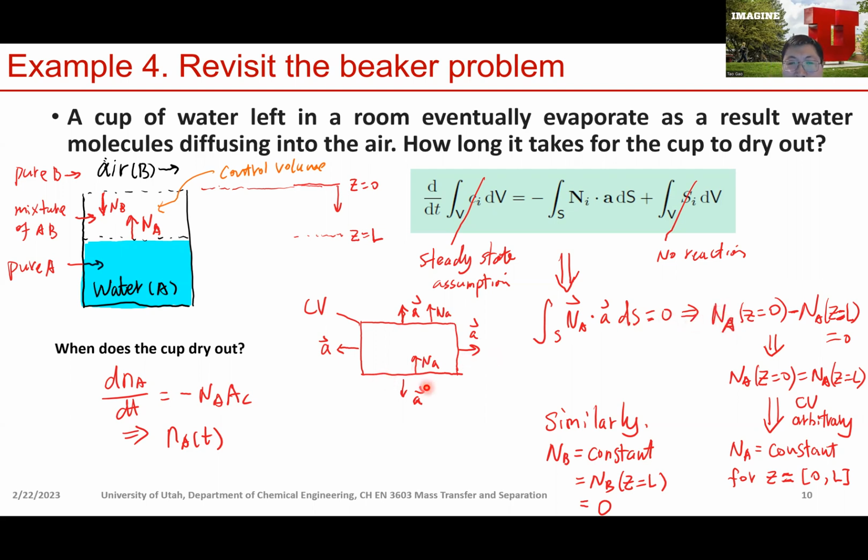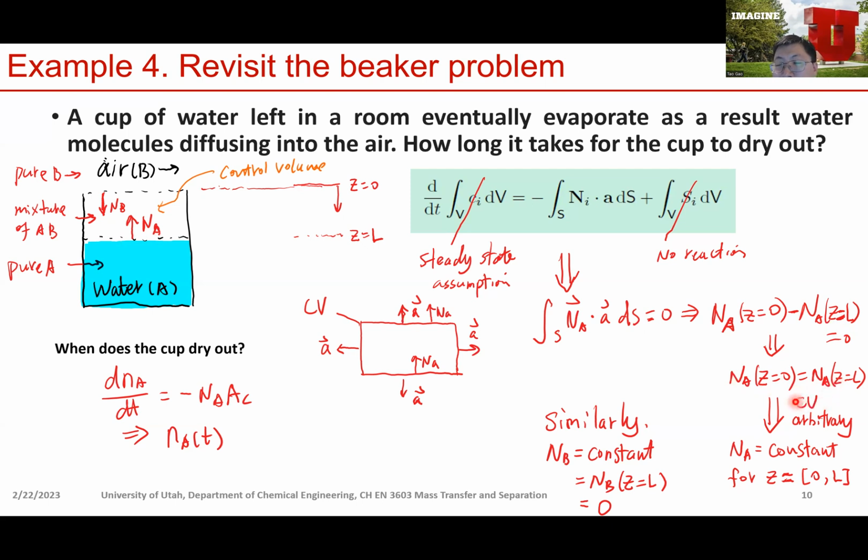At the bottom of this control volume, the direction of the A vector is opposite to N_A, so we have minus N_A at z equals L. That's our definition for the coordinate: z equals L is where the liquid-vapor interface is located. So that gives us N_A at z equals 0 to be the same as N_A at z equals L.